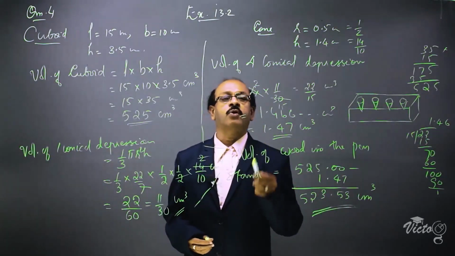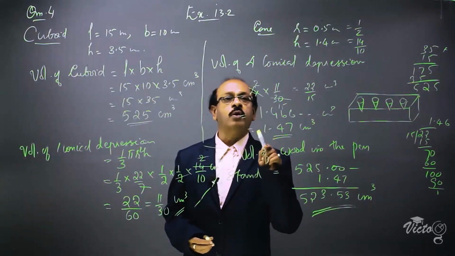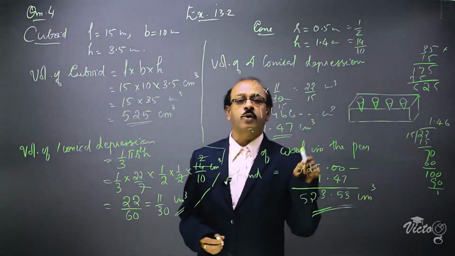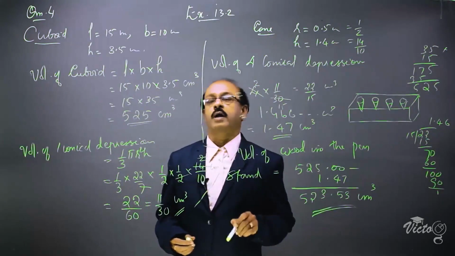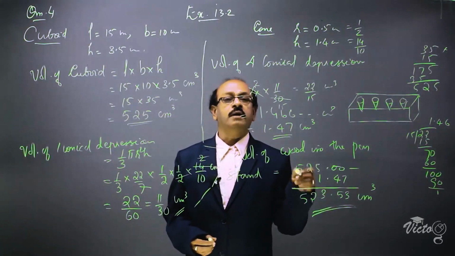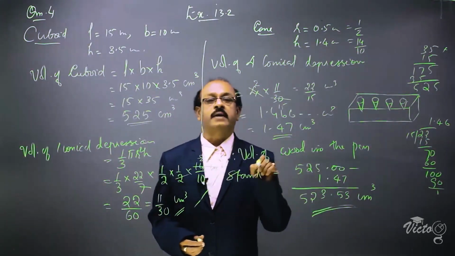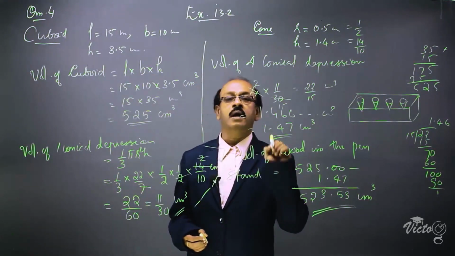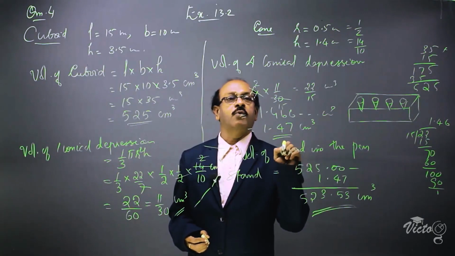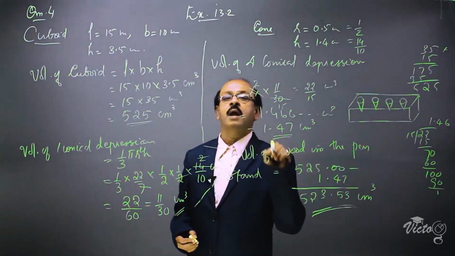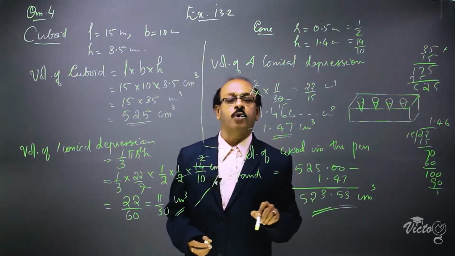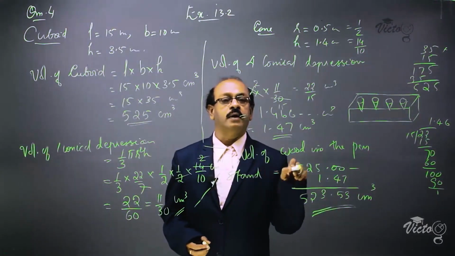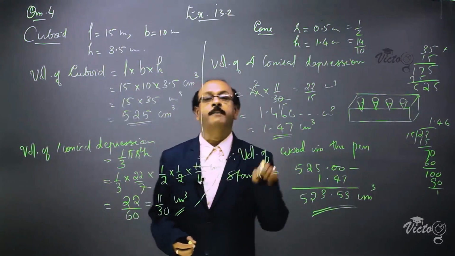Multiplying it by 4, we are getting the volume of 4 conical depressions. Then subtracting the volume of 4 conical depressions from the total volume of the cuboid, we are getting the volume of wood in the pen stand. This is the method we are adopting in this problem.